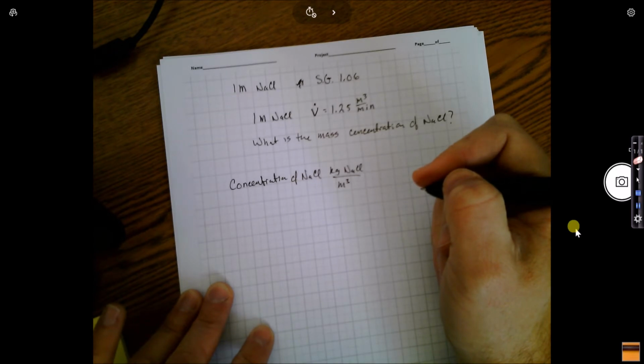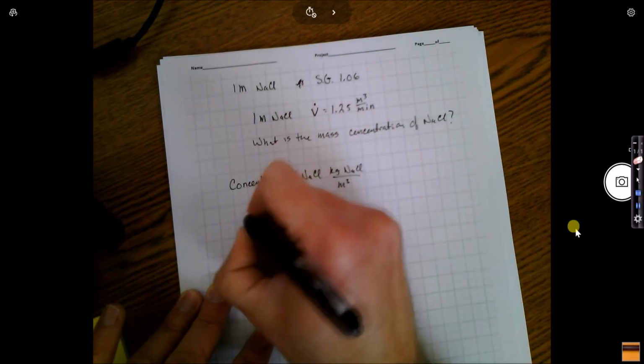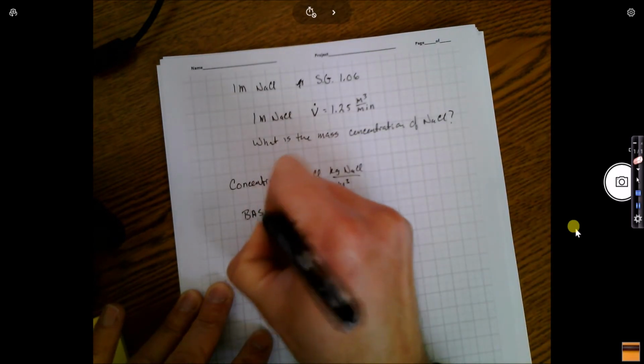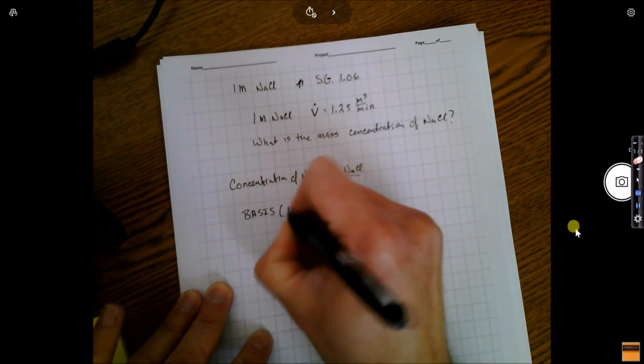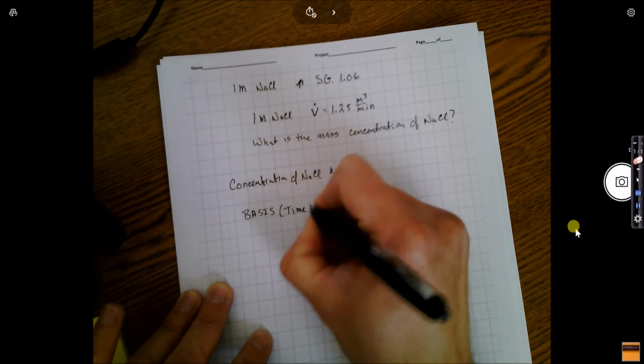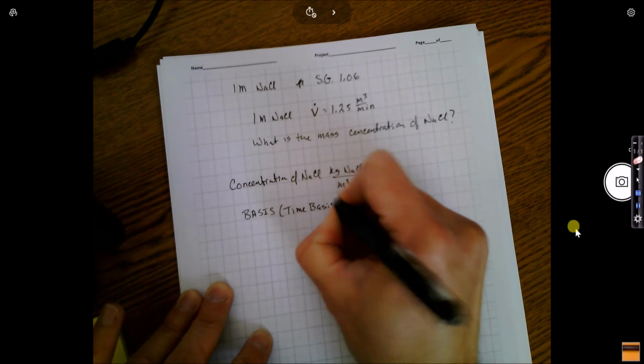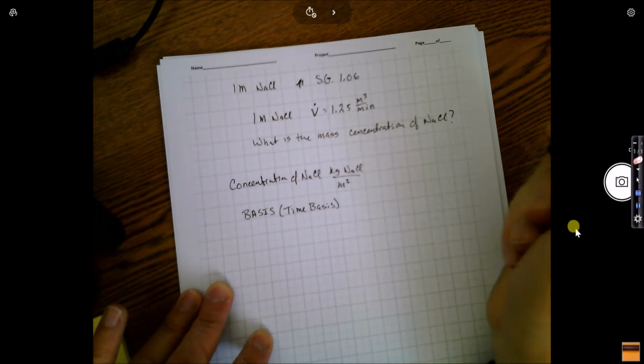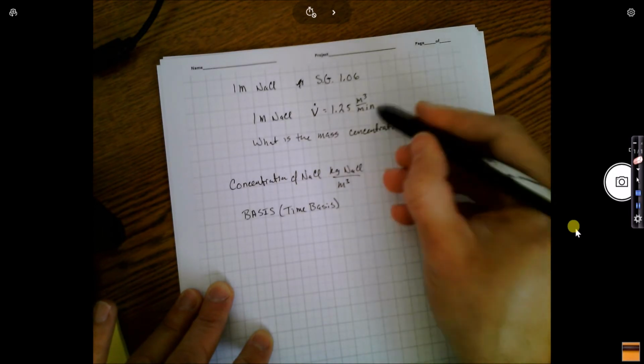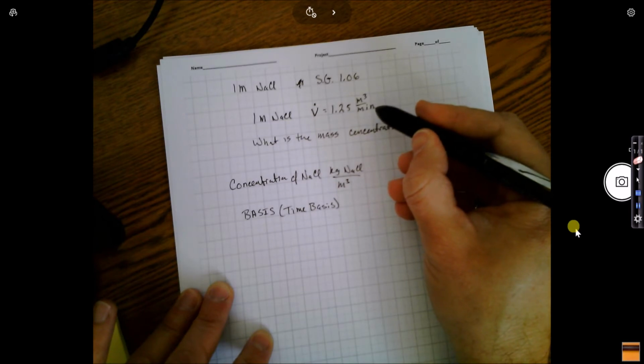And so we want to first take a basis. In this case, we're taking a time basis. There will be other instances where we are forced to take bases, and I will probably cover that in class or another video. But here we're taking a time basis because we want to eliminate the unit of time.